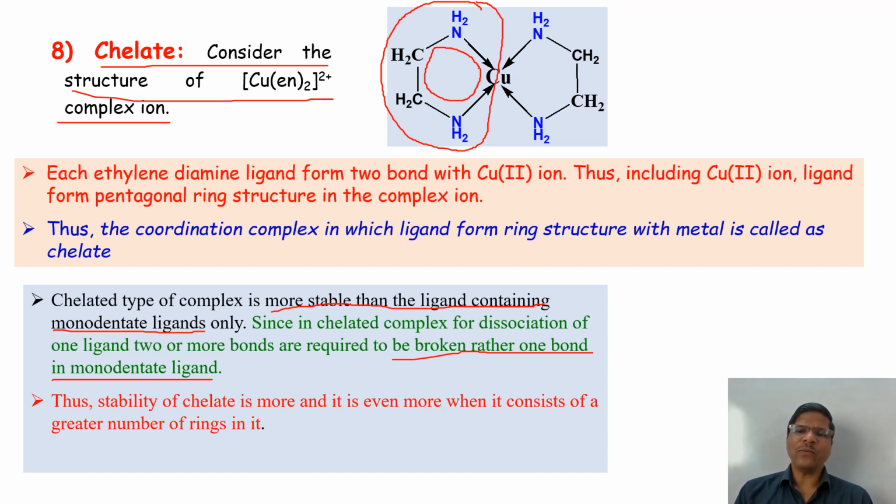The ligand with denticity 6 will give a more stable complex, while the monodentate ligand will give the least stable complex. All polydentate ligands are chelating types of ligand.